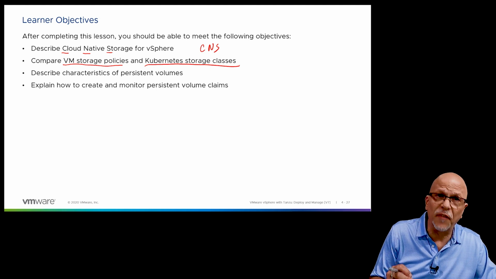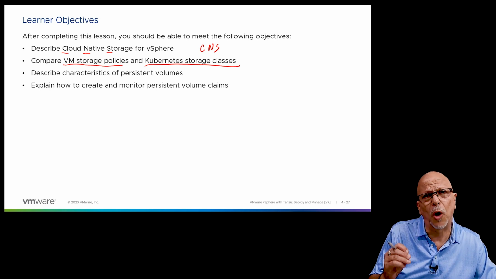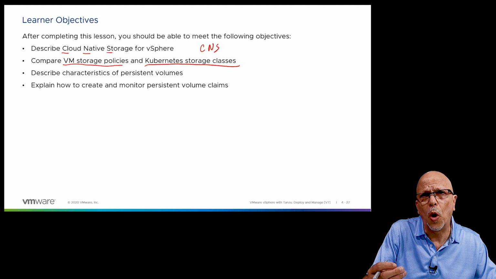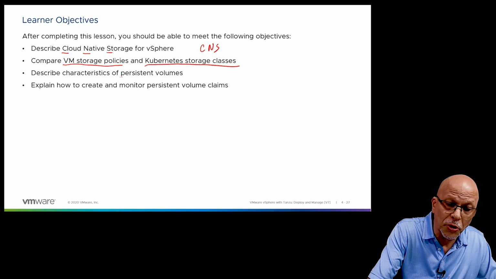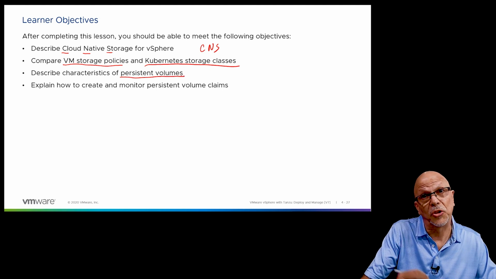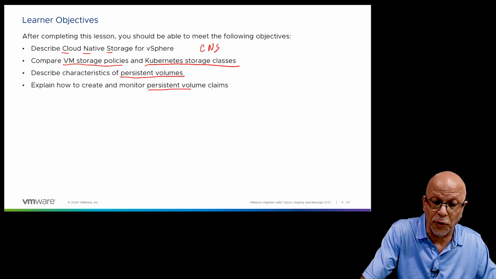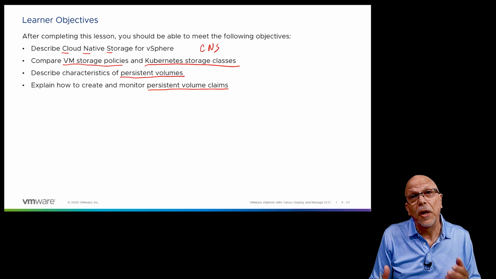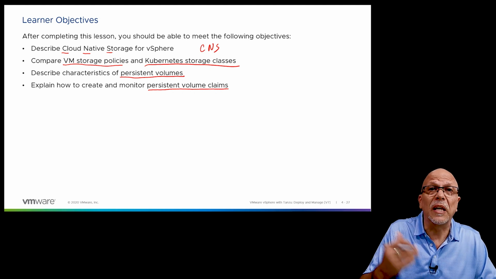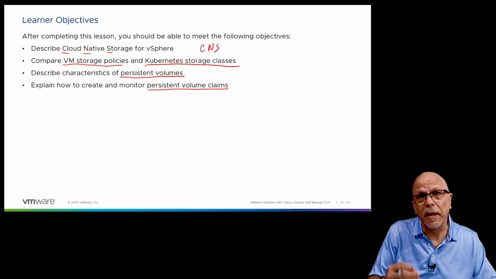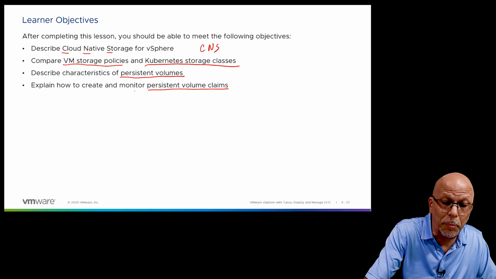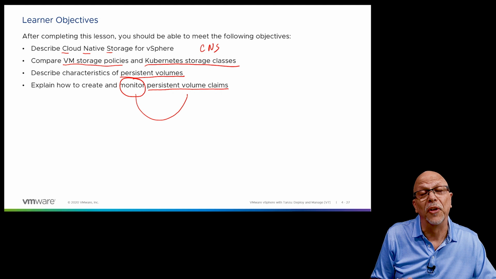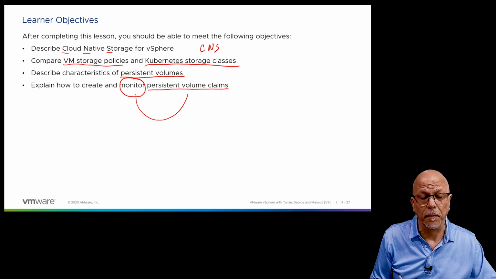This is going to give us the mechanism that we're going to be using to store our Kubernetes persistent volumes and its counterpart, the persistent volume claims in Kubernetes. And we're going to give you an easier tool to manage that and to give you visibility to monitor these persistent volume claims. And that's going to be your vSphere client.